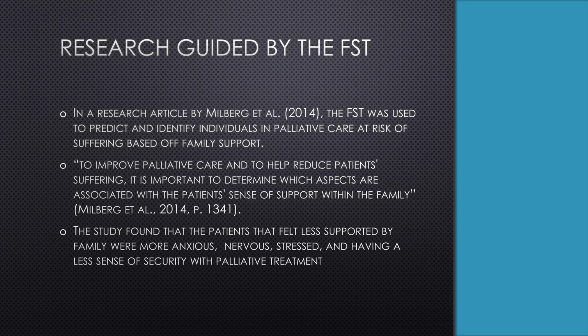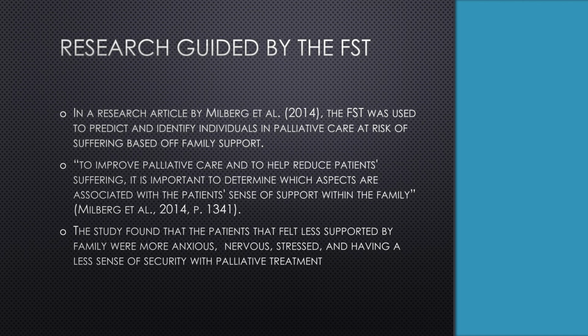The study found that patients that felt less supported by family were more anxious, more nervous, stressed, and had a less sense of security within the palliative treatment. Therefore, the family systems theory was used to try to identify patients that were either at risk of that or that were shown to have better family support and ended up being less anxious, less nervous, and less stressed overall.